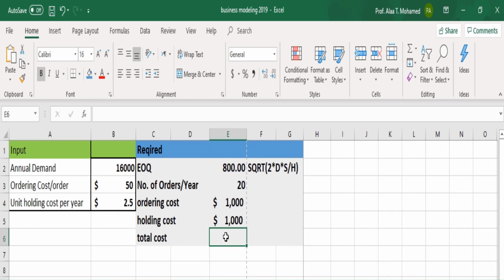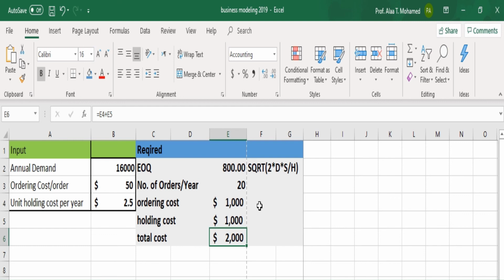So what is the total cost? The total cost equal both the ordering cost plus the holding cost. Enter. So you have $2,000 per year. Now you have Excel program for calculating the economic order quantity.